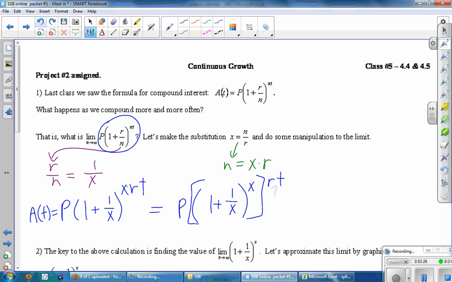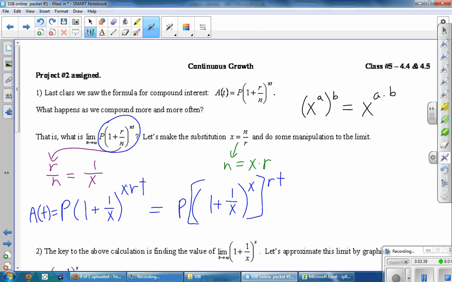So maybe you've seen a formula for this before: x to the a, the whole thing to the b. What do you do to those powers? Hopefully you recognize that the formula tells you to multiply them. So the formula here tells us to multiply the powers together: x times rt. X times rt is exactly what we had before. So I haven't done anything illegal. These two expressions are exactly the same.